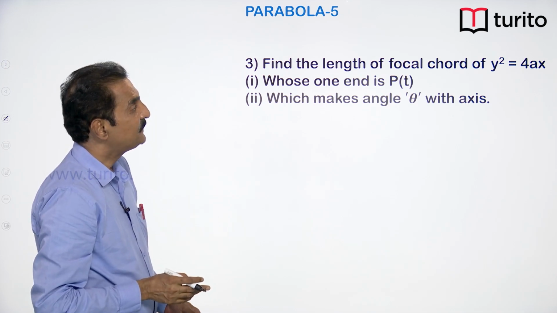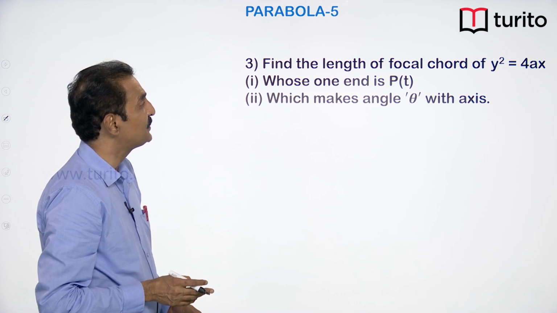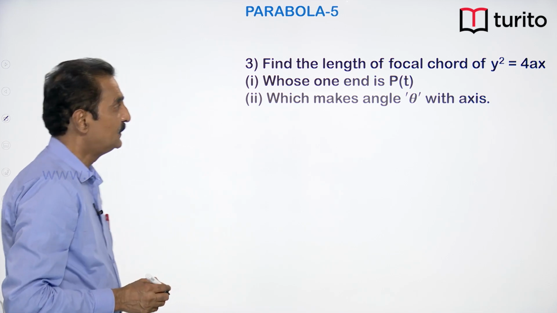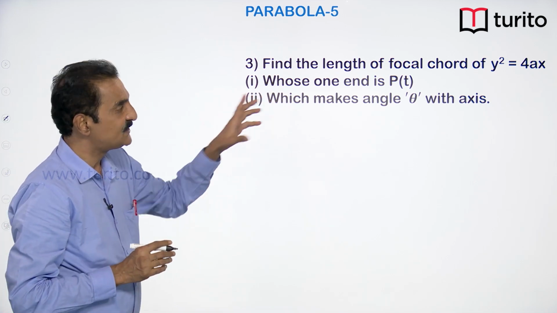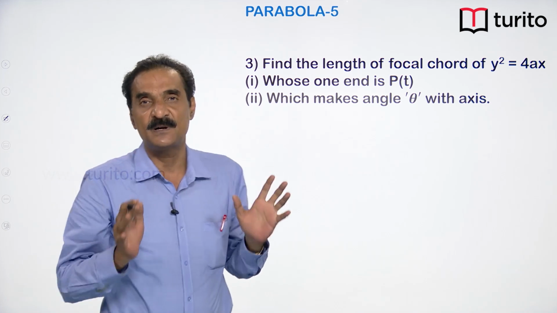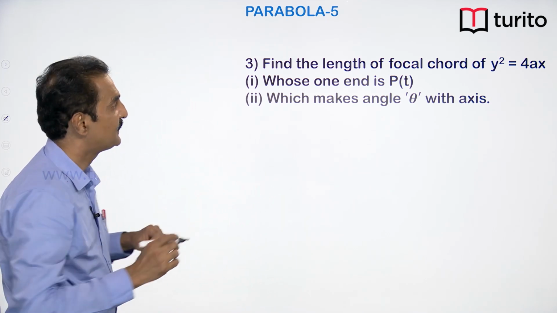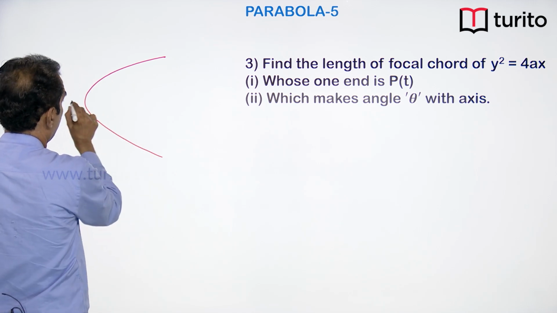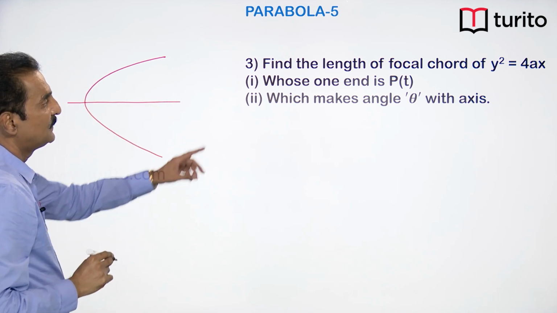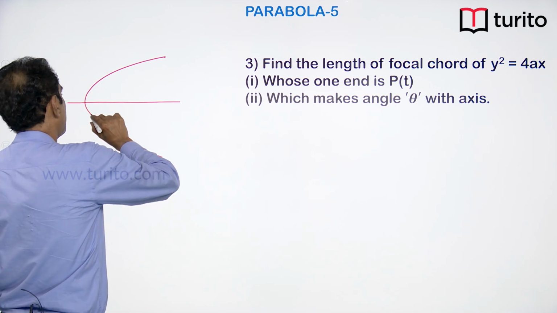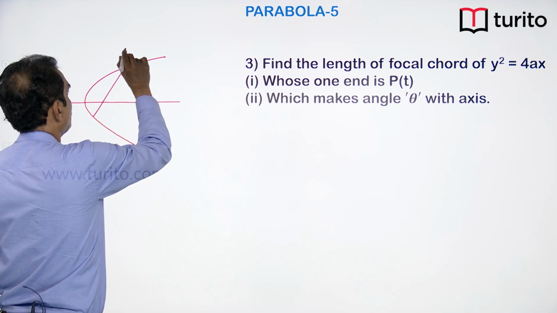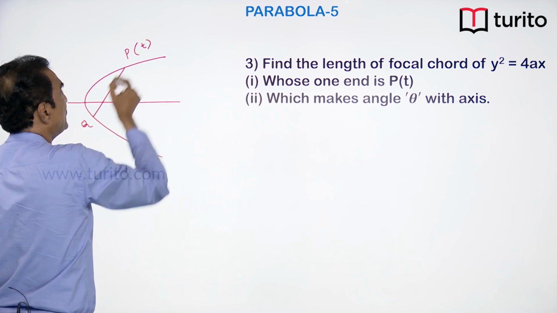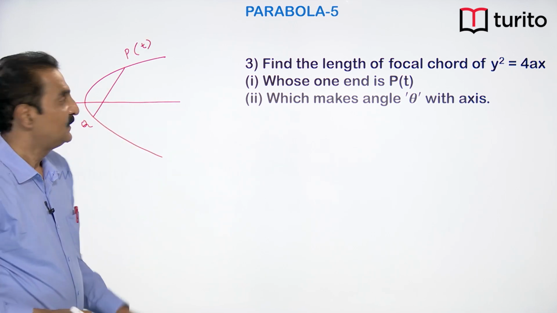Find the length of the focal chord of y square is equal to 4ax whose one end is p of t. Actually this and these both the results must be remembered by students. Take a focal chord of the parabola whose one end is p of t.